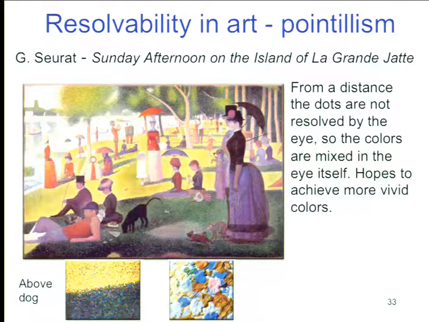This is one of a very famous painting, and his style of painting was that he had the theory that instead of putting paint down on a canvas and mixing the paint on a palette to try to get a color, he said, let me start with pure color and just put the pure color down, but I'll put down such small dots that when you're far away, your eye alone will merge the dots.